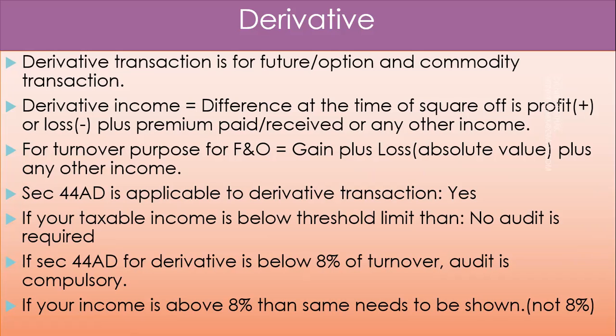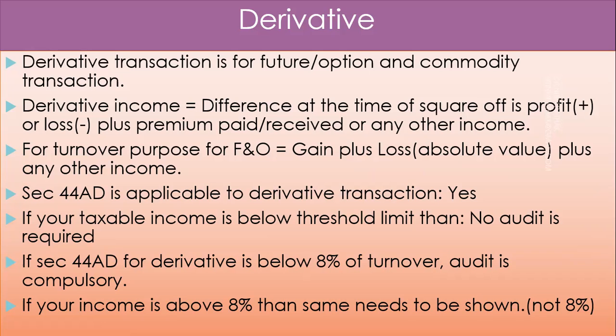Because it is a business profit, in 44AB for derivative transactions, if your taxable income is below the threshold limit, though your turnover is more than 5 crore, if your taxable income is 1.5 lakh, you need not do an audit. 44AD is applicable if your profit is below 8%.